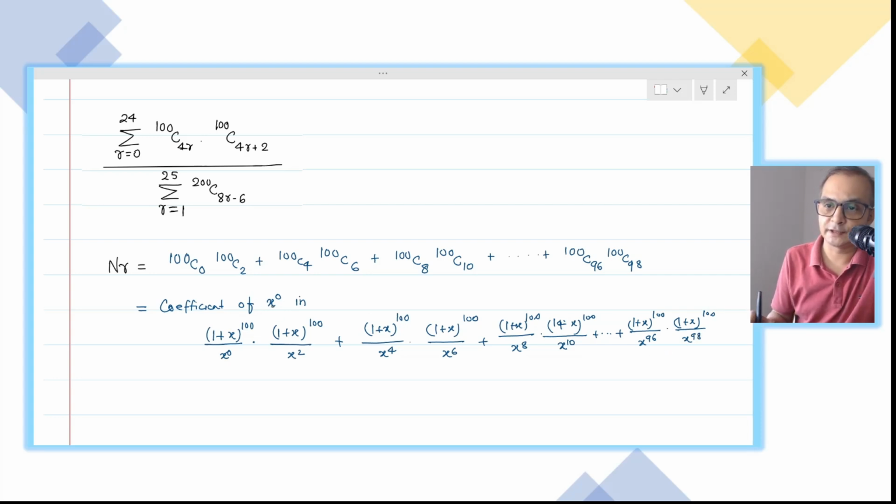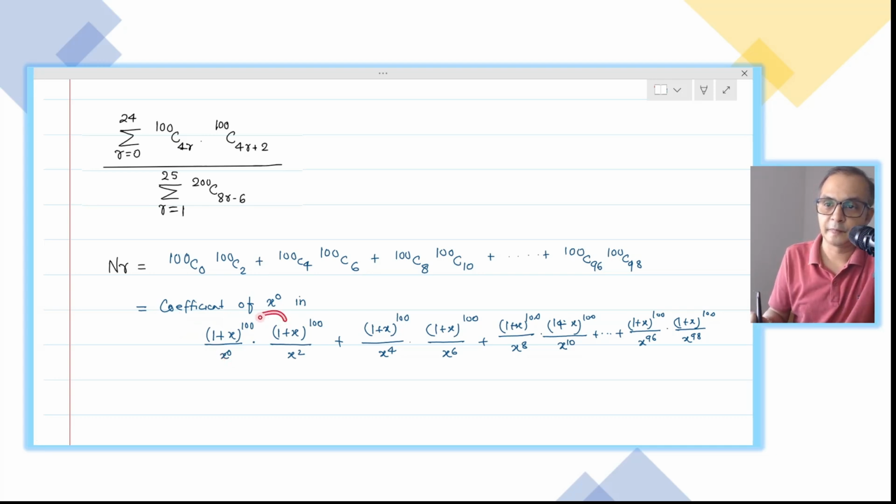So why I'm saying it is a coefficient of x^0, you can see that to find the coefficient of x^0 in this term, what you can think? Because I need the coefficient of x^0, from here I will take 100C0 because the denominator has nothing, x^0.